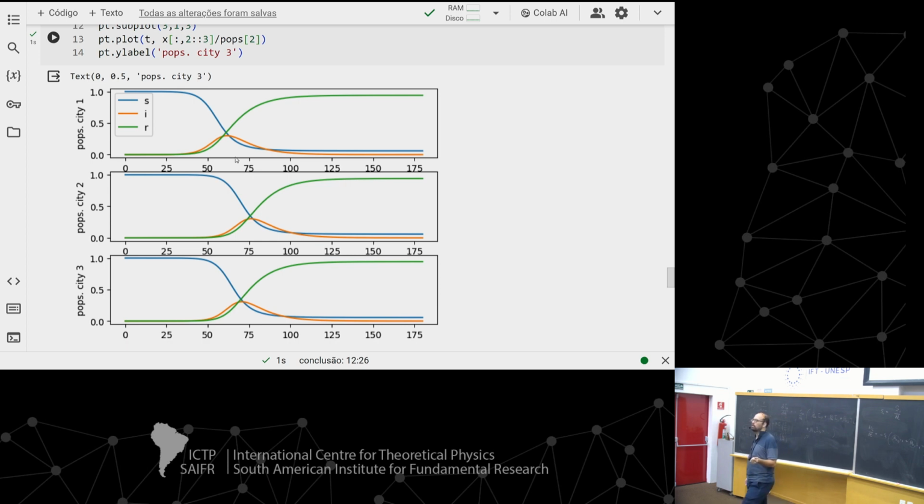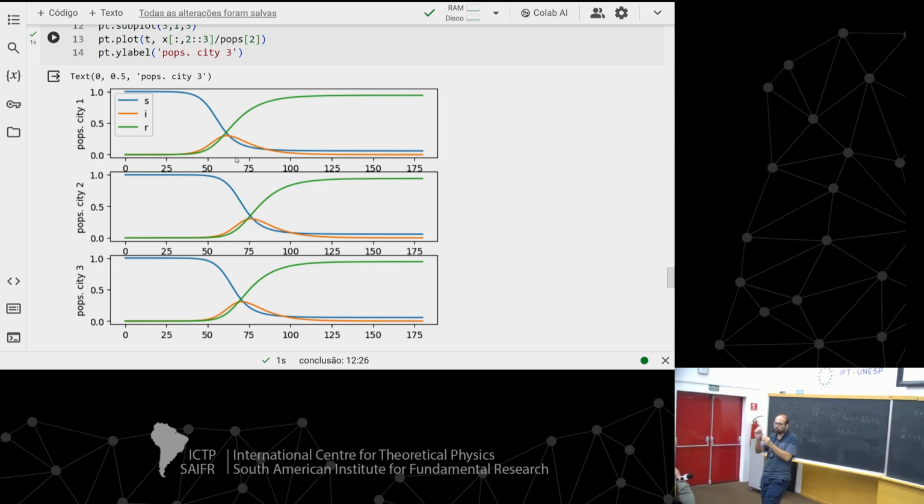Do you have to completely abandon your ODEs? No. You can still use the ODEs once the disease is established in a single city. Then you can use your ODE to see how the epidemic curve happens in that city. But the process of one individual arriving is essentially happening with integer numbers, not with any 0.1 individual.